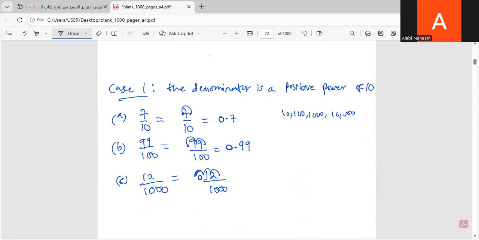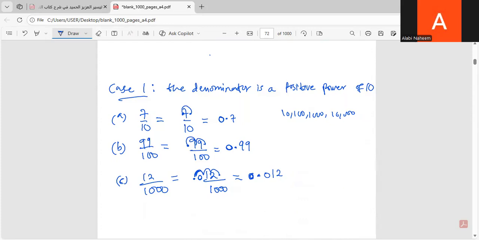So the decimal point is now here. That is the new position of the decimal point. So that's 0.012. You can also include the zero at the beginning here. As simple as that. If you want more examples, go to the video where we discuss how to divide whole numbers by positive powers of 10. You'll find more examples there.